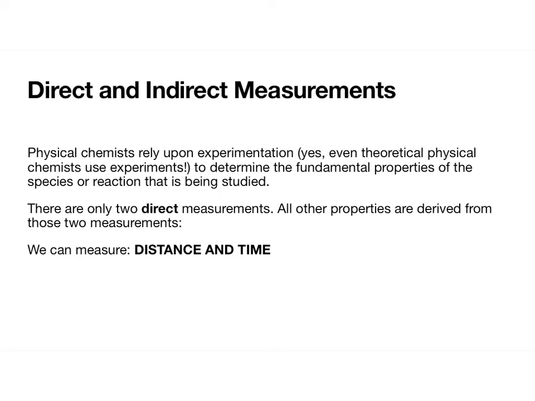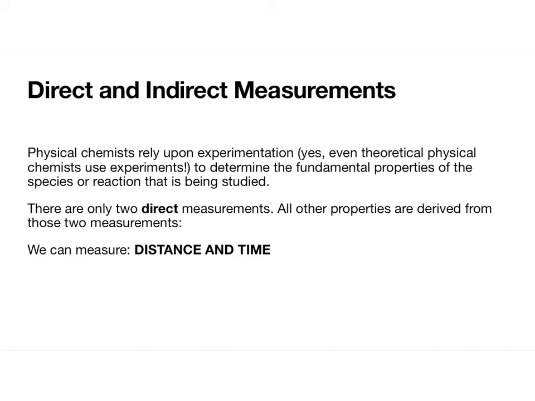And yes, even theoretical physical chemists, so these are the physical chemists who spend a lot of time deriving these equations and working on creating computer programs to be able to do some very complex calculations, even these theoretical physical chemists use experiments.